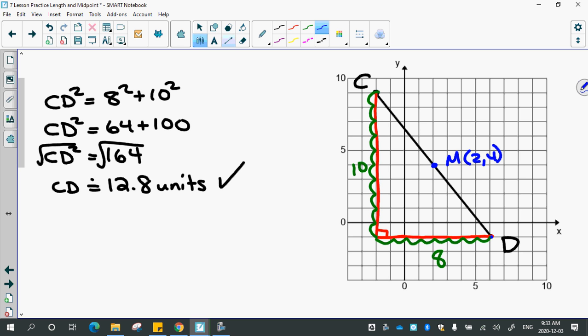So if that's right, if I go over 1, 2, 3, 4, and up 1, 2, 3, 4, 5 to get to the midpoint, I should go over 4 and up 5 to get to the other end point. Yes, so that's right as well. Okay, so to get from D to the midpoint, I went over 4 and up 5. So if that's actually the midpoint, I should have to go over 4 and up 5 to get to the other end point. Does that make sense? Yeah?